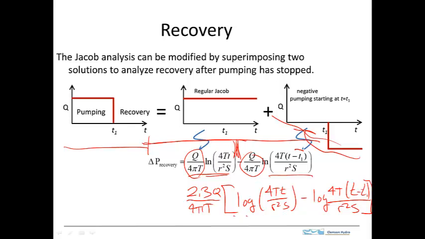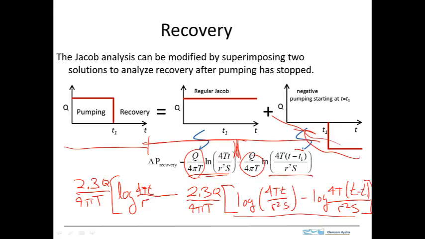And then we'll combine these two together, and I'll do that over here. So that's 2.3 q over 4 pi T, and that'll be 4Tt r squared s, and because we're subtracting it, we'll be dividing then by 4T(t minus t1) r squared s.